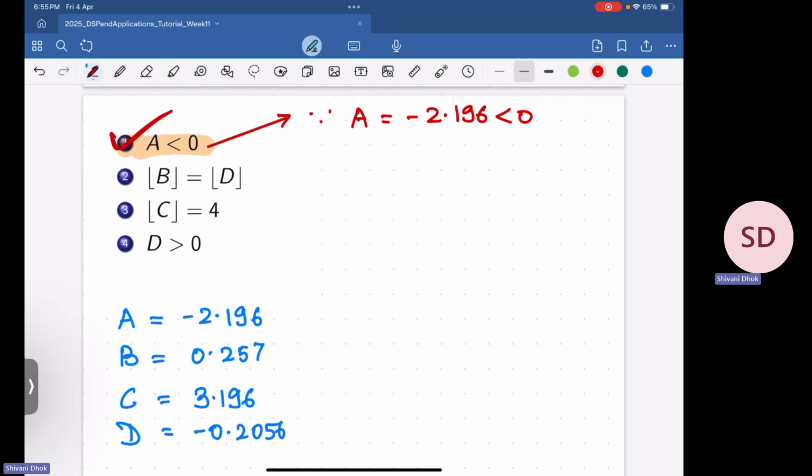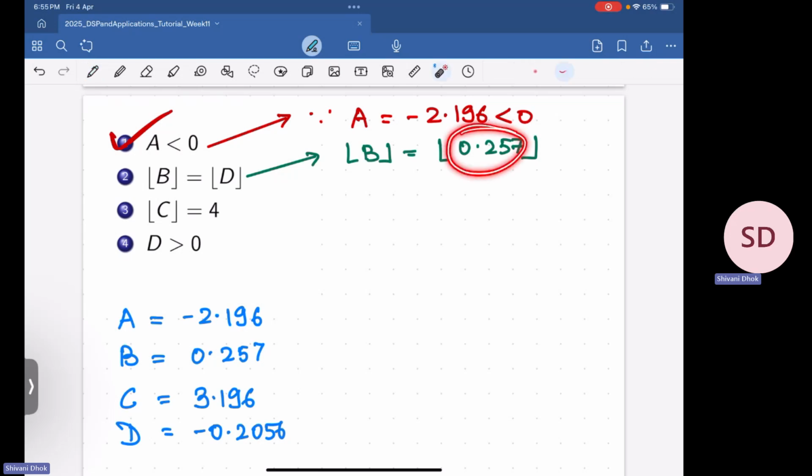Now the next option is floor of b is equal to floor of d. For this option, let us first calculate floor of b, which is equal to floor of 0.257. Floor means the greatest integer that is less than this particular number. Which is the greatest integer less than this number?